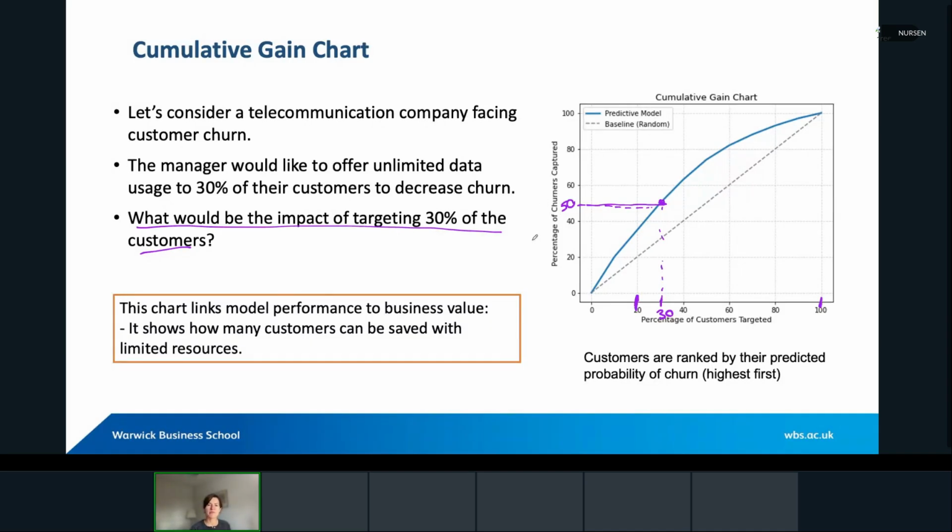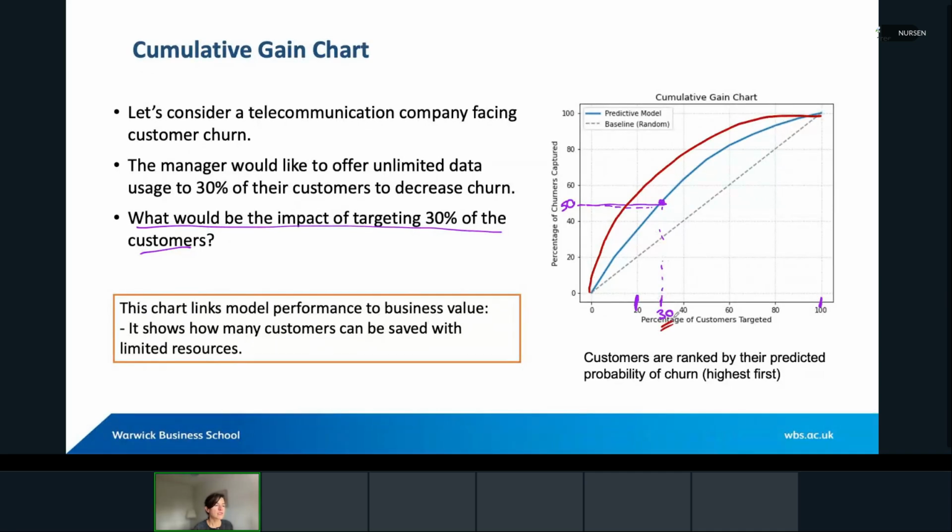And let's say as a business, you have a limited budget. You know that you can at most target the top 30%. So what is this model doing in that case? Is there any alternative model that can achieve better performance with the same amount of customers we are targeting? So let's say we have another model like this.